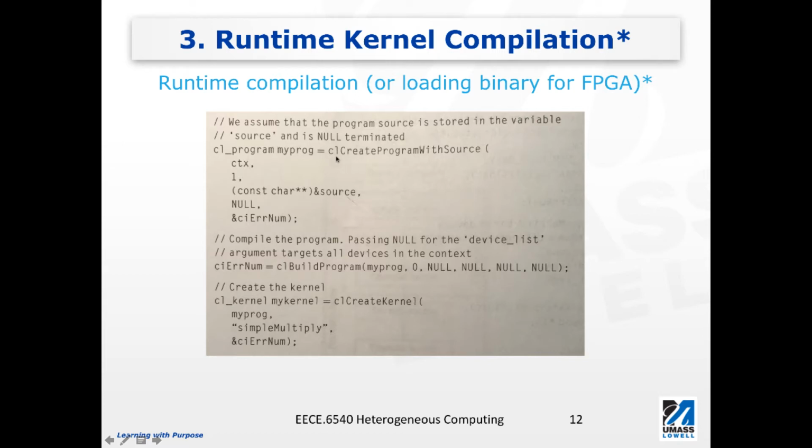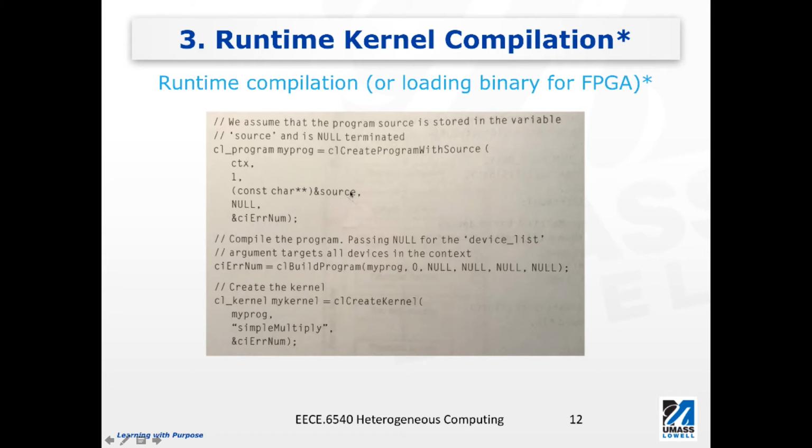So we'll call clCreateProgramWithSource. And ctx is the context that you have created. One is the default parameter, which we'll talk about later. And here is the pointer to the source code. And it also has another default parameter argument to this call and the return value.